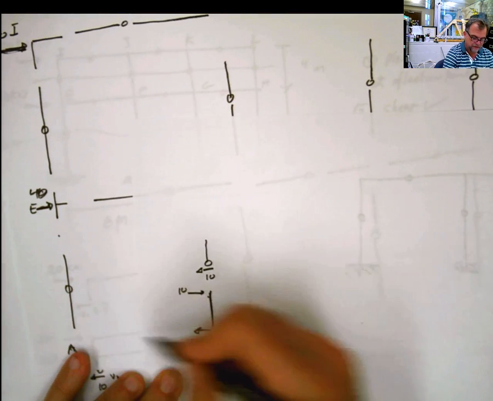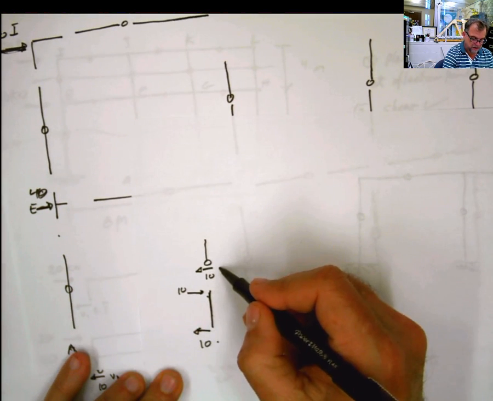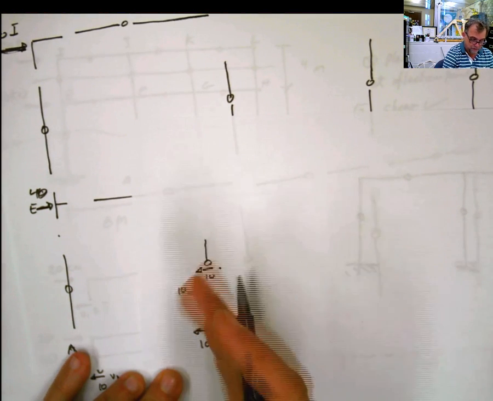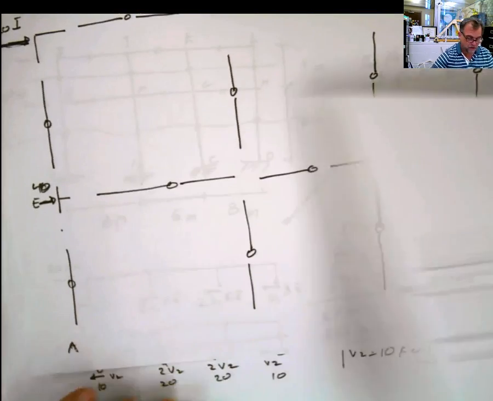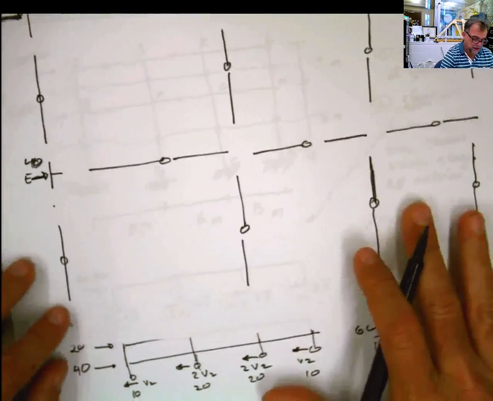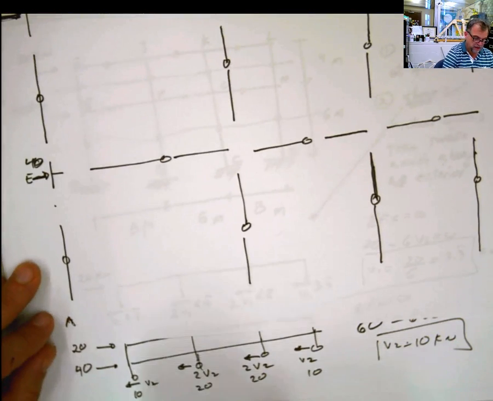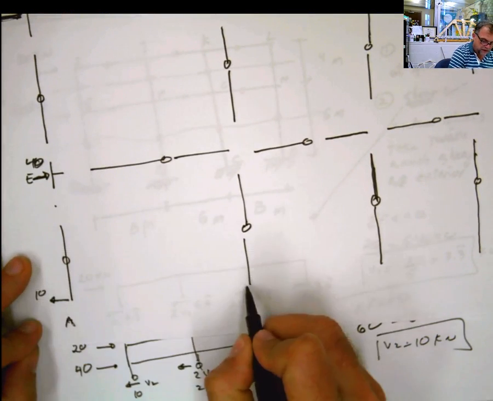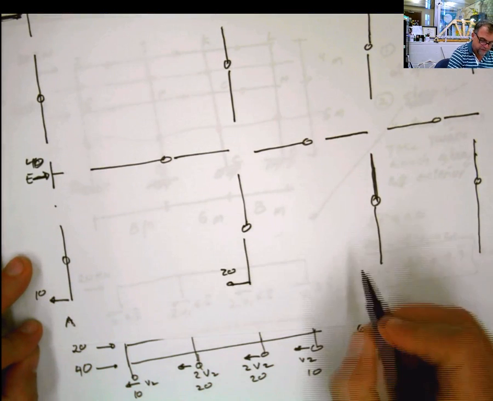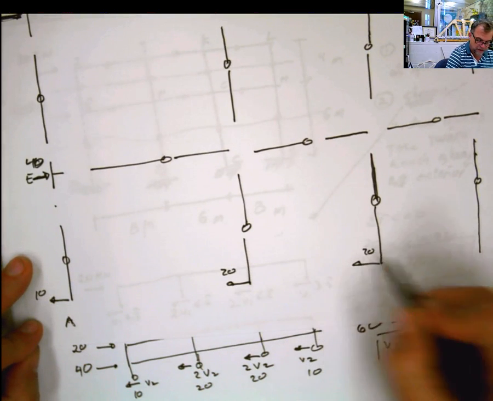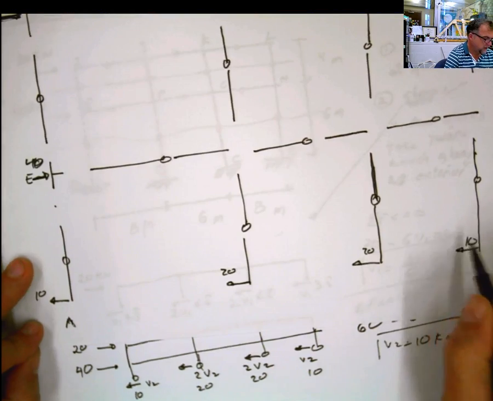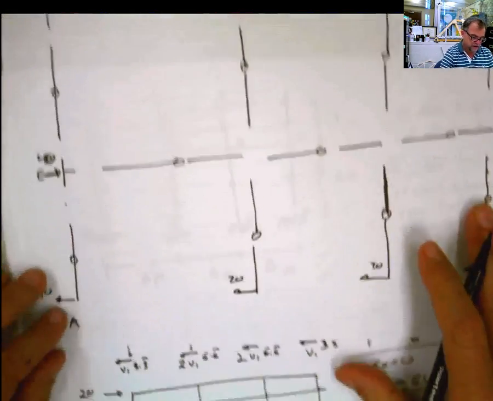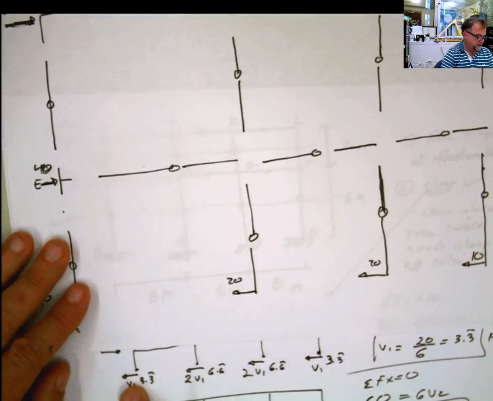Here, this 10 is going to be the same 10. And because this behavior is going to repeat in the other columns, previously I calculated this 10, 20, 20, 10. So I know that this is going to be 10, this is going to be 20, 20, and 10. And guess what? Same thing is going to apply at this intermediate level.